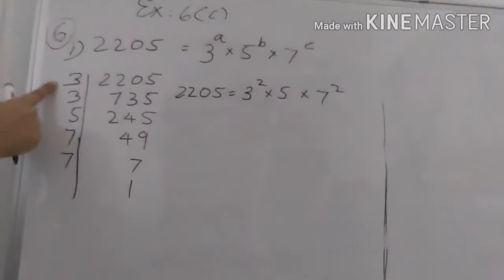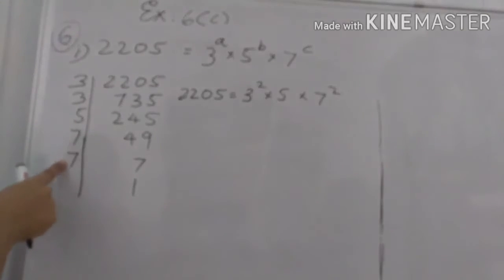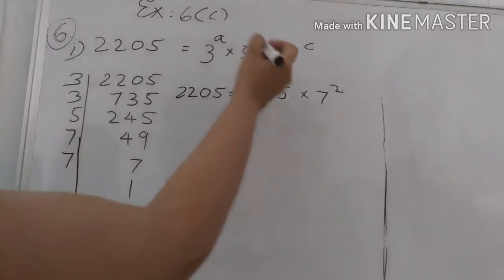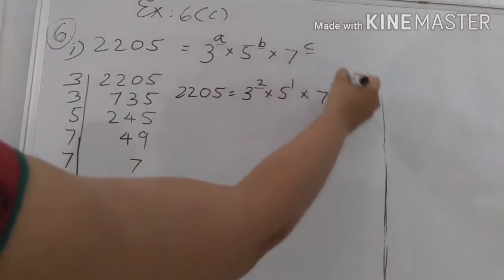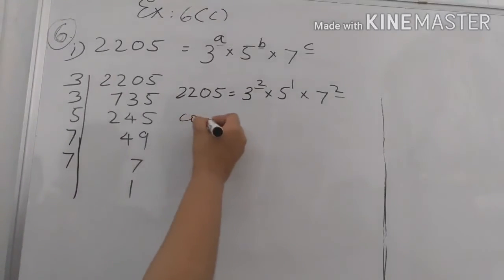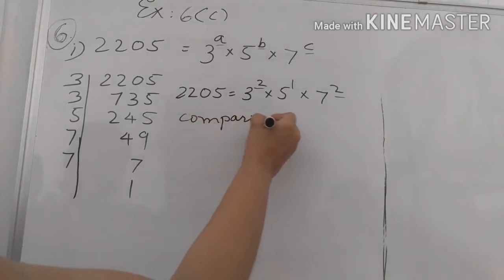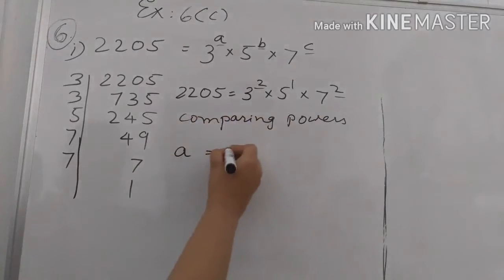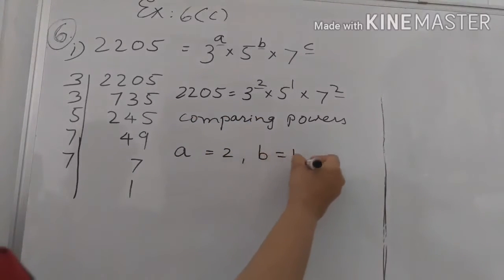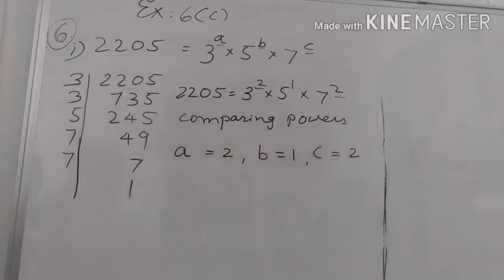Accordingly, you can check 3 square into 5 into 7 square. Now, I will compare the powers accordingly, a, b and c. So comparing powers, we get the values of a, b, c. a is equal to 2, b is equal to 1 and c is equal to 2. So here we have completed our first part of question number 6.